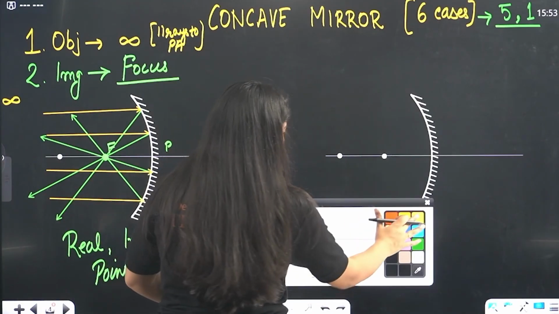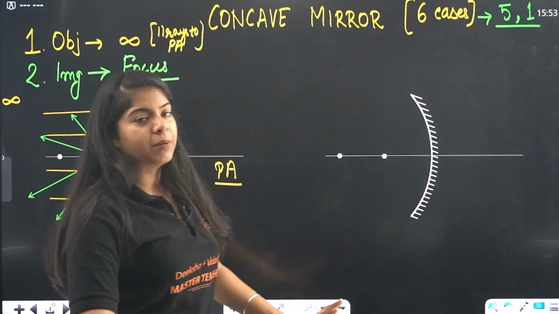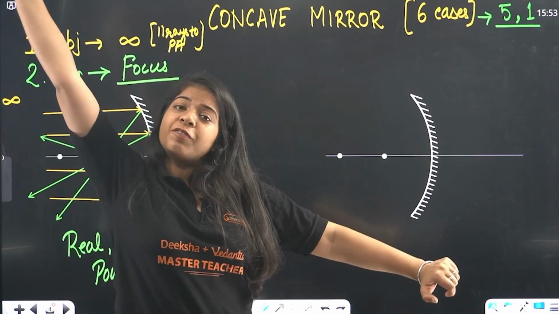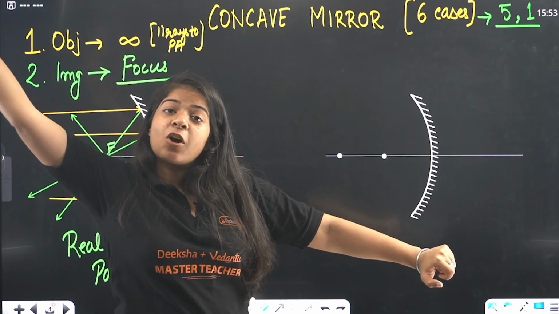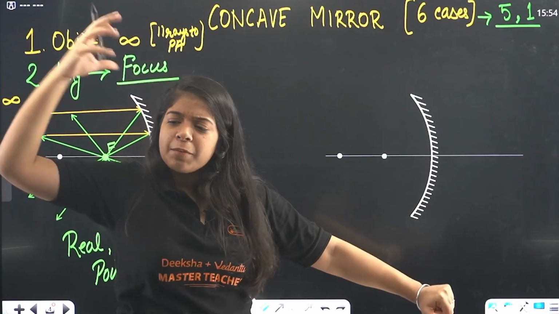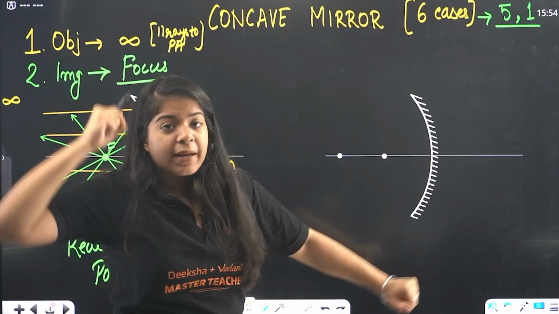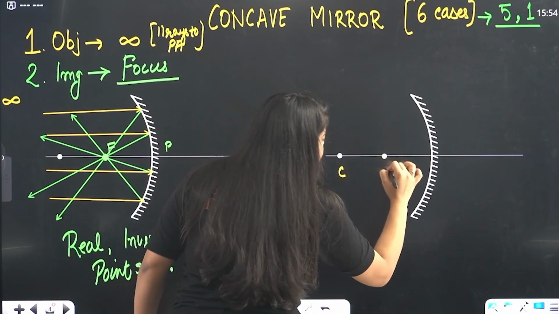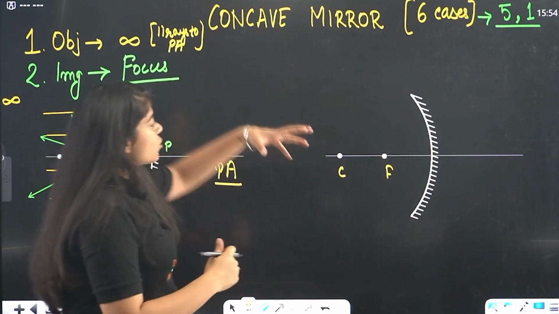Now moving on to the second case. Beta, what will happen? You told in your one shot as well, the object is at infinity. So we will bring that object a little bit closer to our mirror. This is my center of curvature. This is my focus. The object was at infinity.